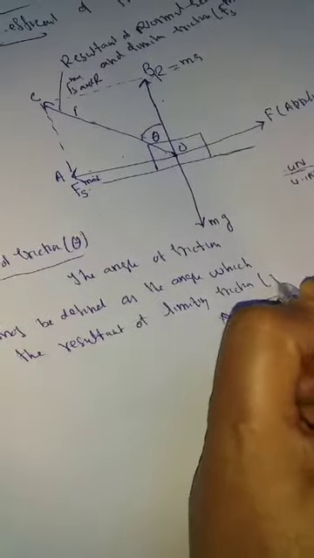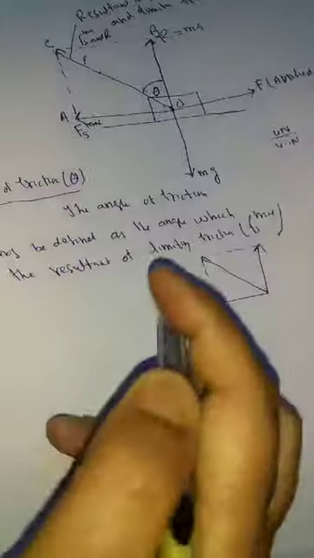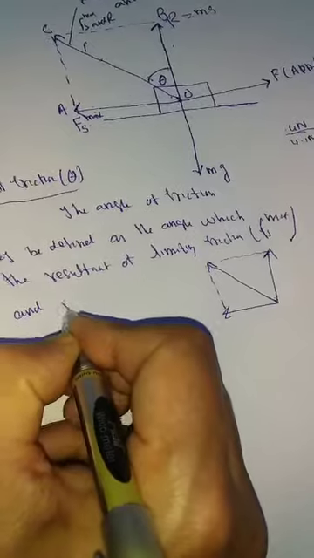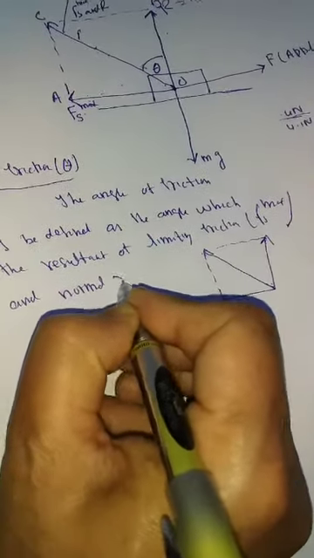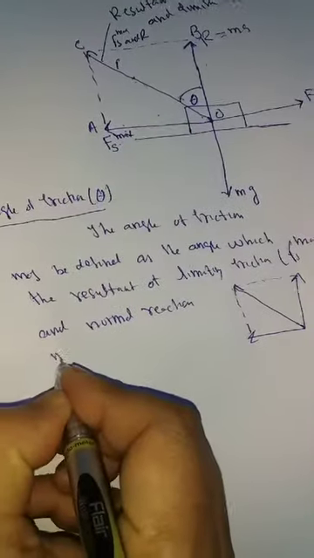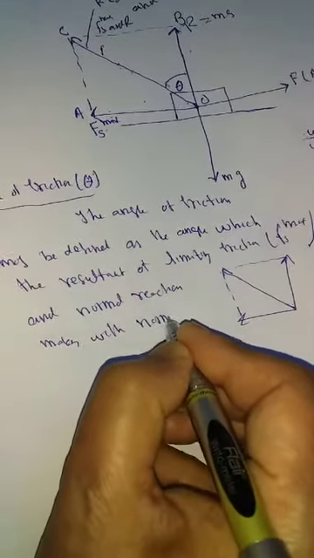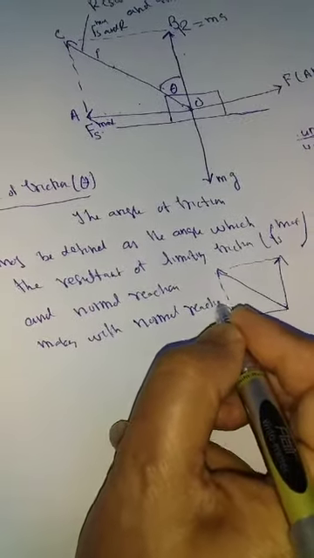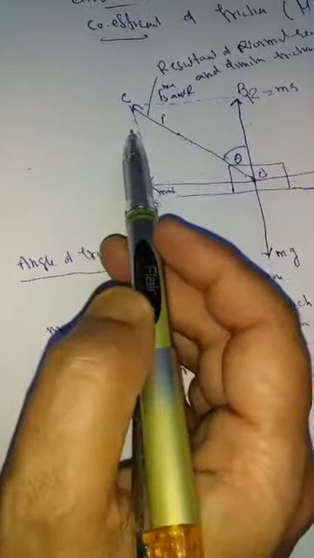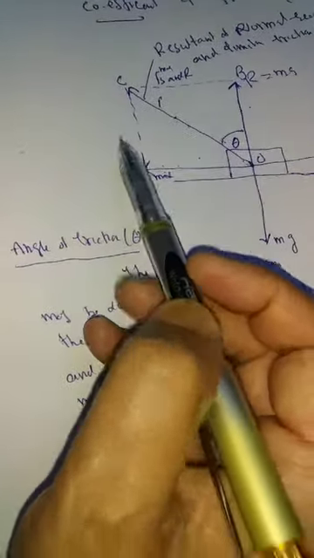Limiting friction is denoted by Fs max, the maximum value of static friction, as we discussed in previous classes. How can we find the resultant? By the parallelogram law of addition of vectors. We can complete the parallelogram. These two vectors are acting, joined tail to tail, and we can find their resultant by making the parallelogram.